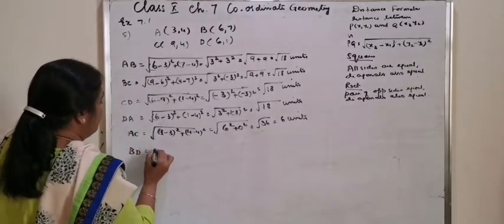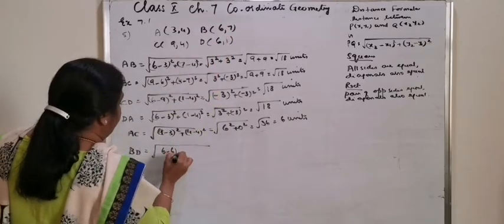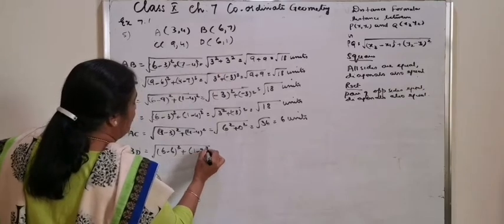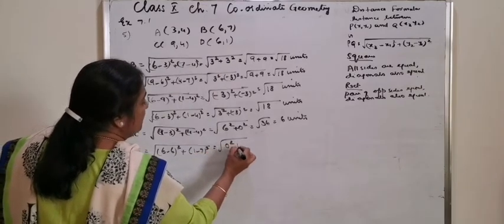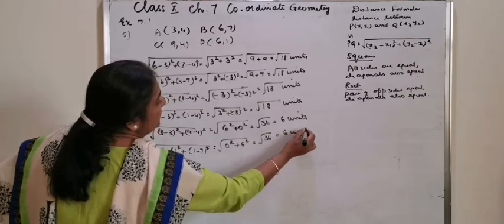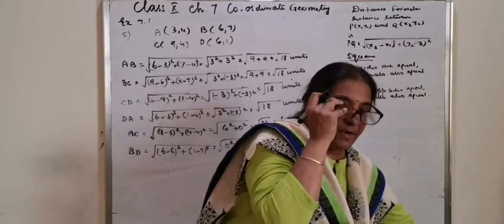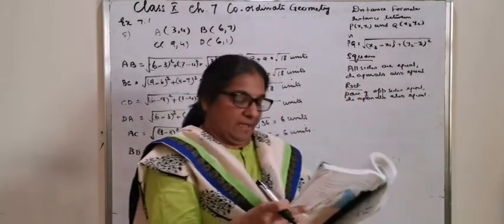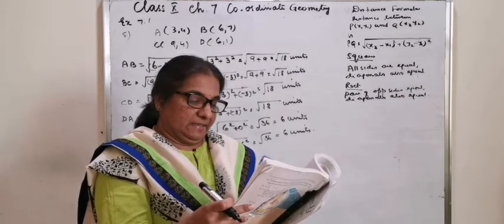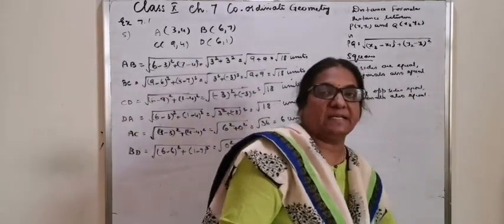Diagonal BD, (6 minus 6) whole square plus (1 minus 7) whole square, 0 square plus 6 square, root 36, which is equal to 6 units. So these 4 points will represent a square, and we can understand that what Champa said is correct. That means ABCD will represent a square.